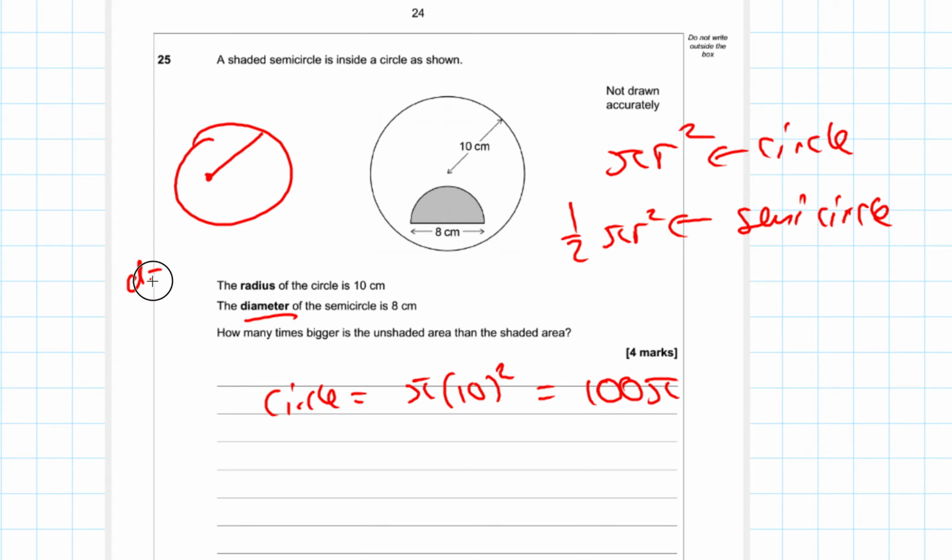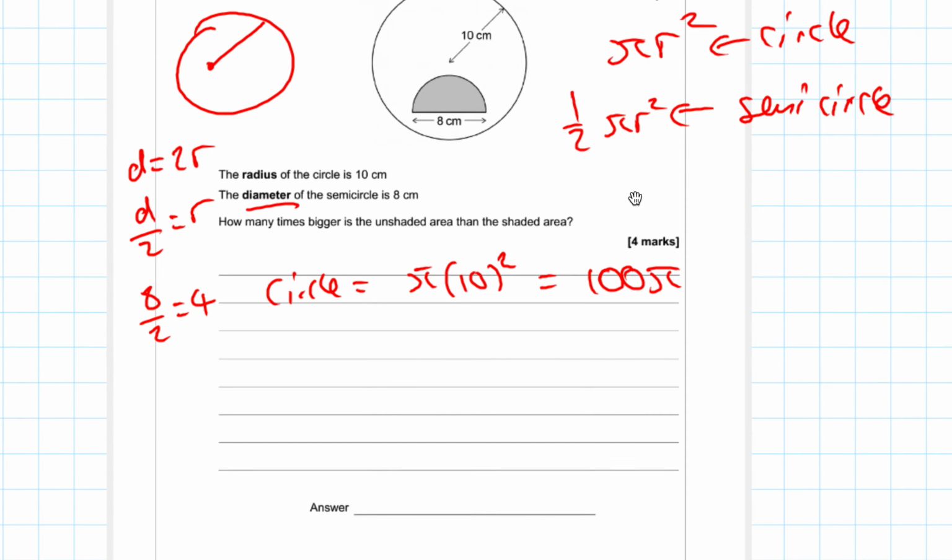The diameter is equal to 2 times the radius, so therefore diameter over 2 is equal to the radius. Remember, the diameter covers the whole shape. So here we need to do 8 divided by 2, which is equal to 4, and then plug it into the semicircle one. So the semi is equal to a half pi times 4 squared. This is a half times 16 pi, which is equal to 8 pi.